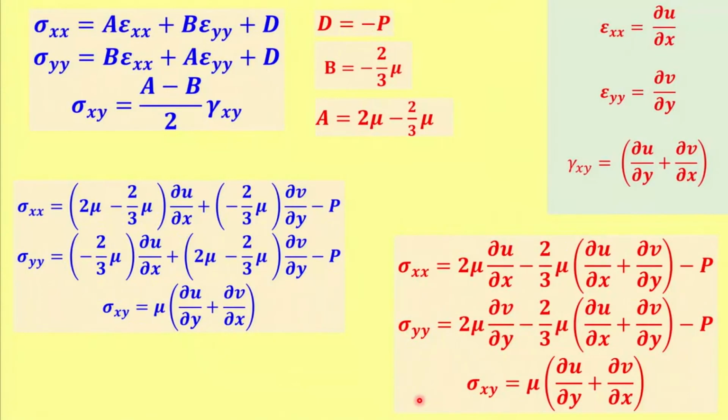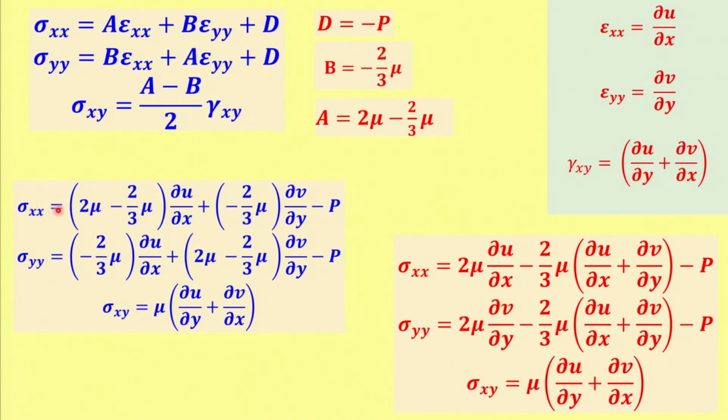So next, if I substitute this d as minus p, b as minus 2 by 3 mu, a as 2 mu minus 2 by 3 mu, I get sigma xx equal to (2 mu minus 2 by 3 mu) del u by del x plus (minus 2 by 3 mu) for b, del v by del y, minus p.